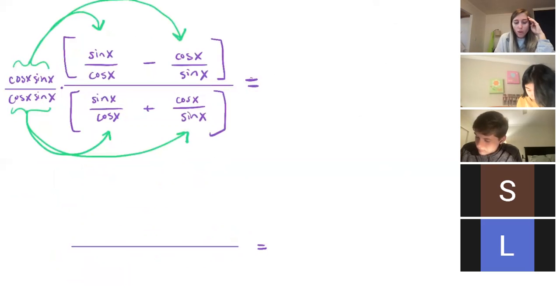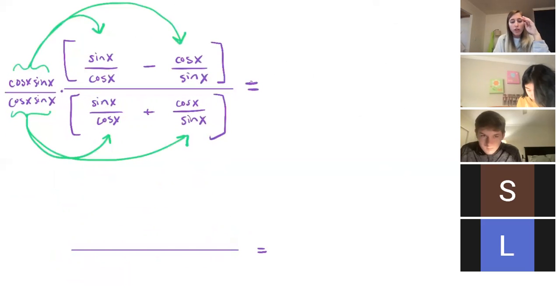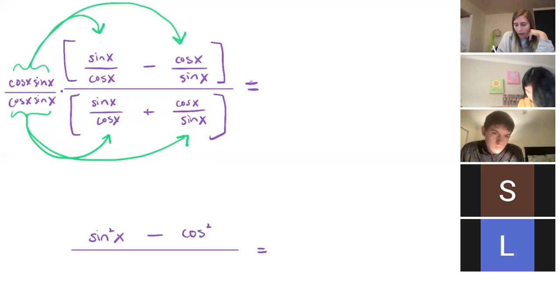Okay, so when we multiply sine over cosine by cosine times sine, cosines will cancel and we'll be left with sine squared. Then when we distribute to cosine over sine, the sines will cancel and we'll be left with minus cosine squared.